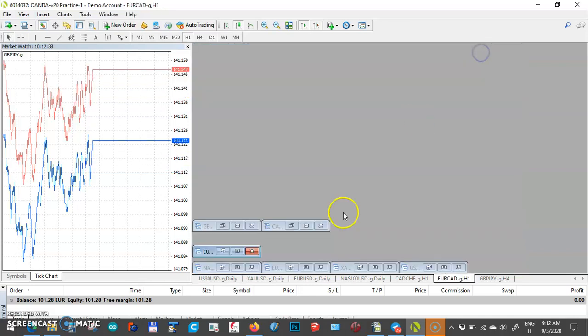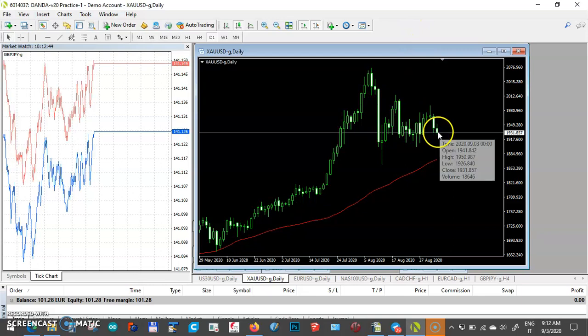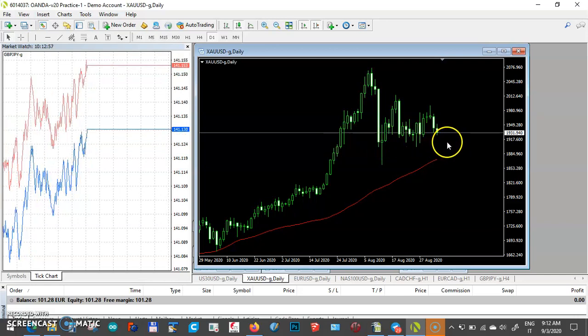I'm going to see the gold. The gold yesterday closed negative, and we can see there is a downtrend, but it is bouncing to this big support at the moment. This is not a clear market at the moment.